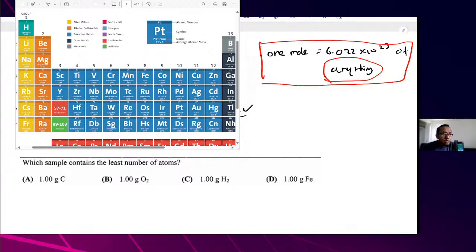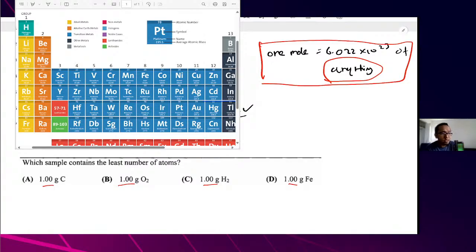Which sample contains the least number of atoms? Each sample contains 1 gram, as you can see: 1 gram, 1 gram, 1 gram, 1 gram. The question is which one has the smallest number of atoms. Imagine we have carbon, oxygen, hydrogen, and iron. Which one has the smallest total number of atoms?